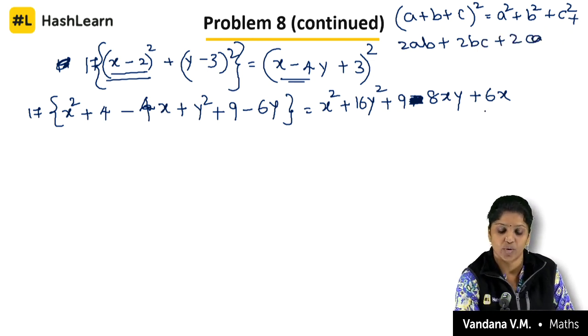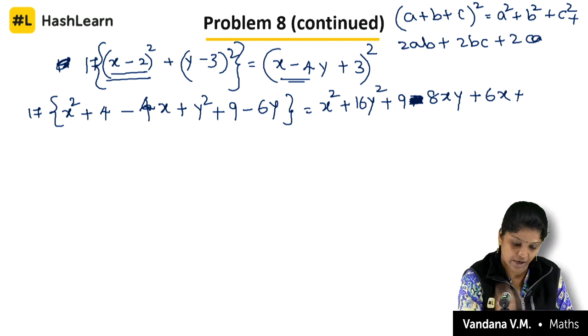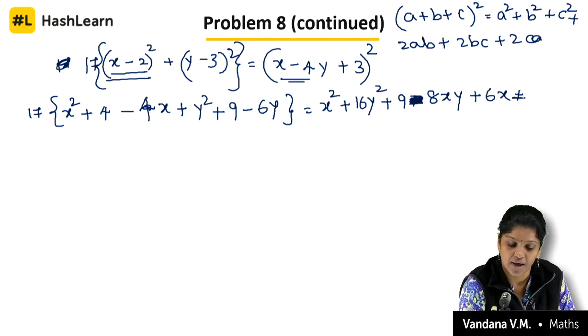But here minus will come because minus is there. 2 4s are 8xy. Next, plus 6x. That's the formula I am applying over here. Because this has a minus, I will get once again 8y.